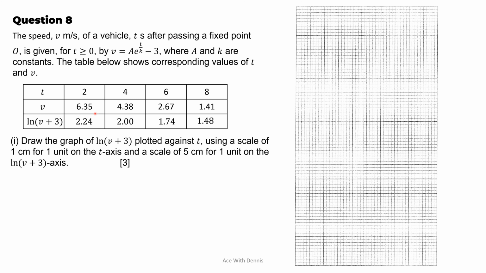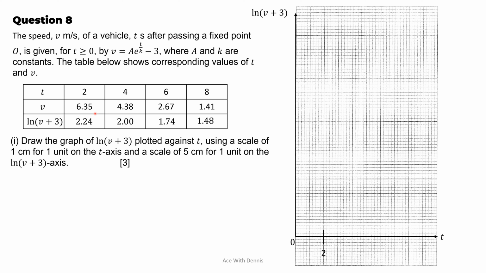And now we can start to sketch the graph using the scale given. So here's the x-axis, which is t, and here's the y-axis, which is ln v plus 3. So this is the origin, 0. And we follow the scale.